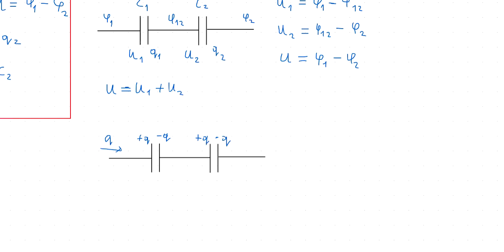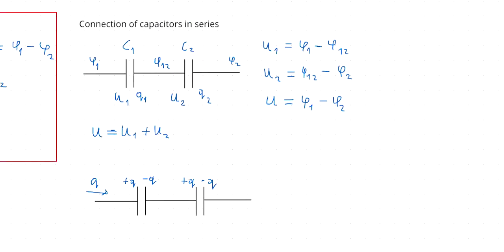So for connection in series, we have that Q1 is equal to Q2, and this is equal to Q, the charge of the whole system. Okay, do you have any questions about this?